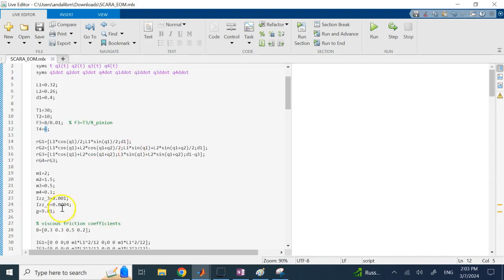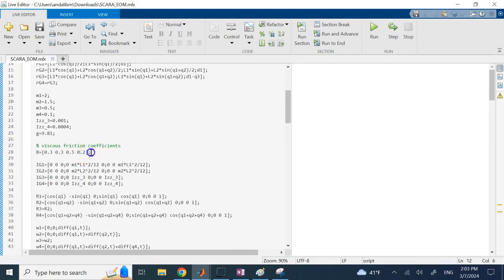These are the masses and the moments of inertia that I have for members 1, 2, 3, and 4. And G here are the coordinates of the centroids of all 4 members, the way I defined them for you, right? And these are the viscous coefficients of friction on the joints 1, 2, 3, and 4.